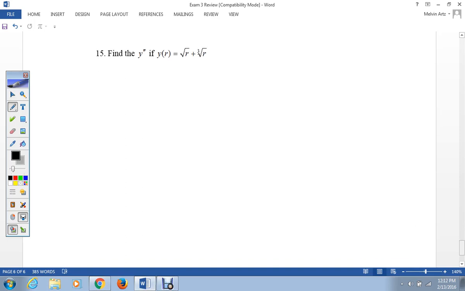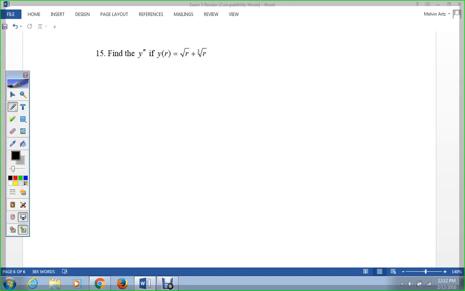Find y double prime, if y of r equals, okay, so our first derivative would be 1 all over 2 square roots of r. Now this one, see, this is r to the 1/2 plus r to the 1/3.